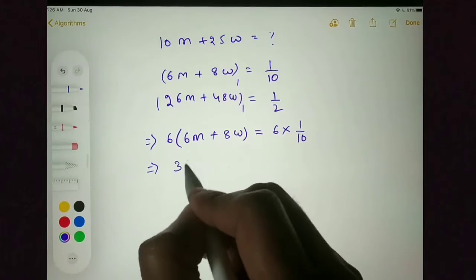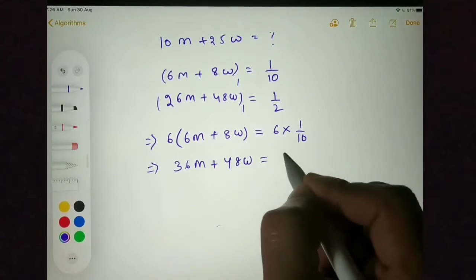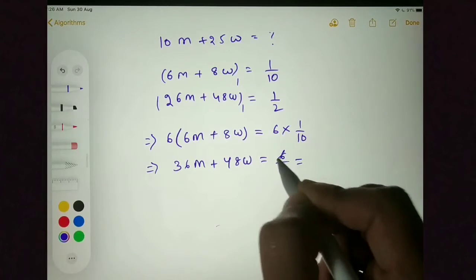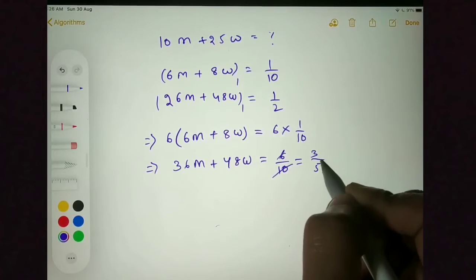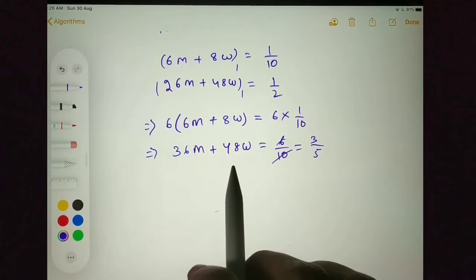It gives us 36 men and 48 women, and 6 into 1 by 10 is 6 by 10. That is nothing but 2 3s and 2 5s, 3 by 5. And now we have 48 women.